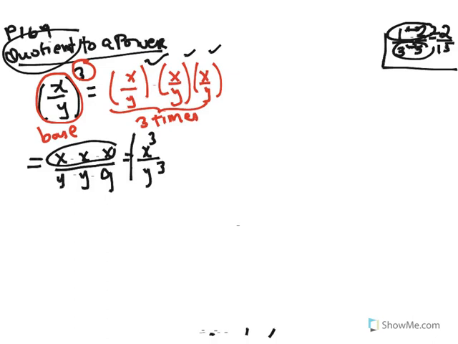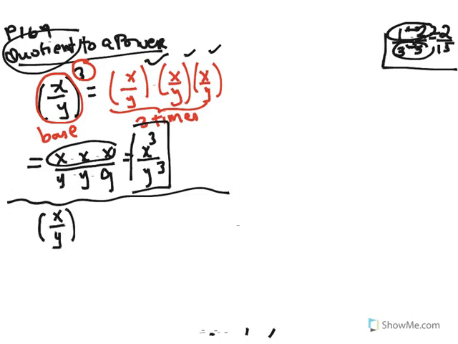Okay? And that is the final answer. Okay, so this is what we got. We got that if I have x divided by y, which is a quotient to a power, I can kind of distribute that power, and the numerator will get the power and the denominator will get the power. Okay? So very intuitive property.